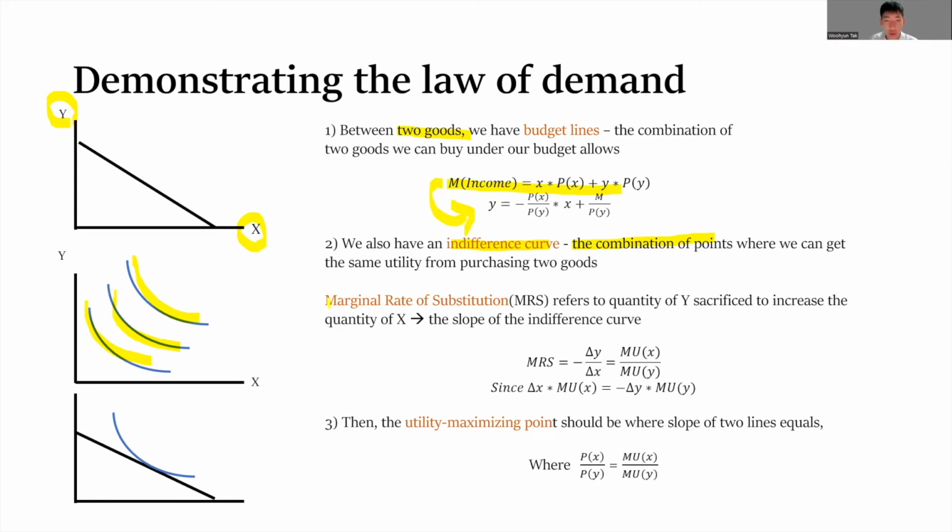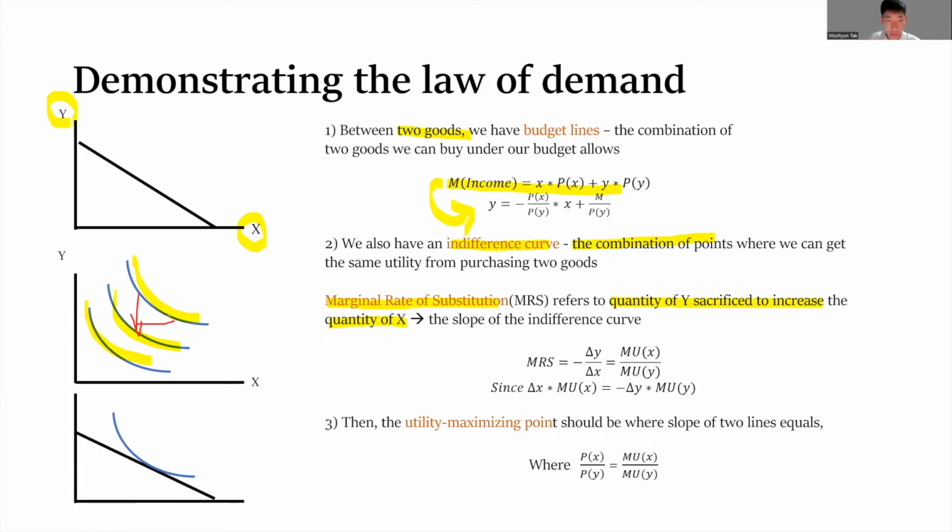And marginal rate of substitution refers to the quantity of Y that is given up to increase the quantity of X. This is because our budget is limited. We have to give up some of Y to get more of X. And we have to calculate the slope of the indifference curve.